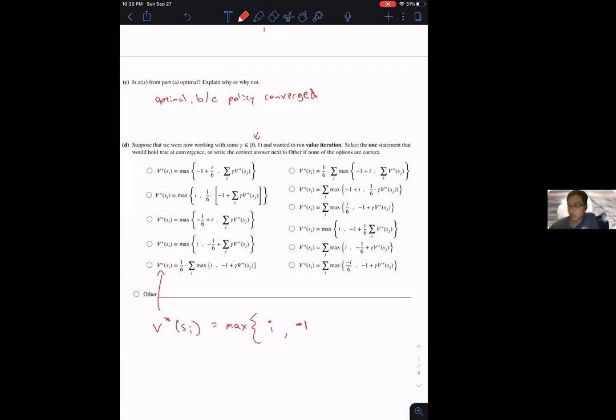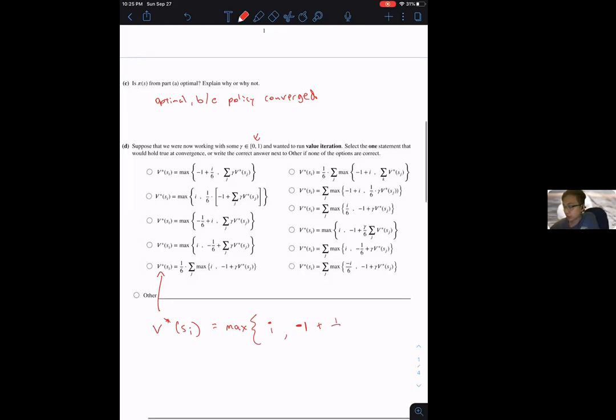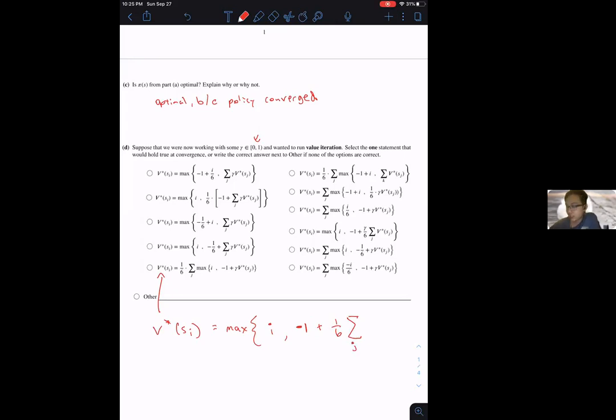And for each possible state that we could go to, we have a 1/6 chance of getting to that state because we have a fair die. Then we would sum over all the different possible successor states. If we consider the set of all possible successor states to be J, we would be summing over V star of S underscore J.